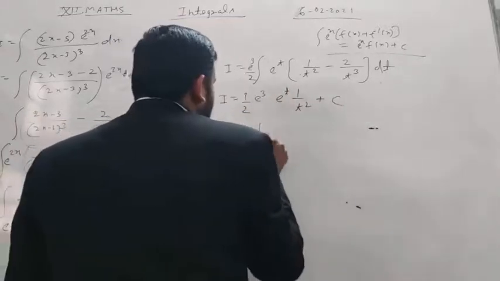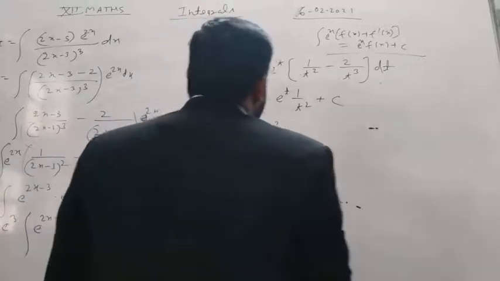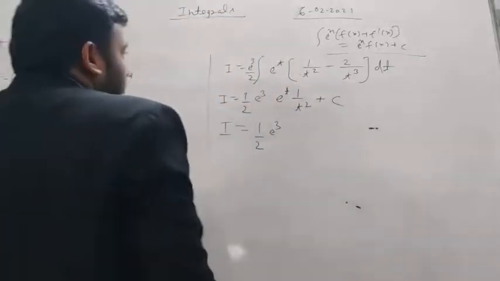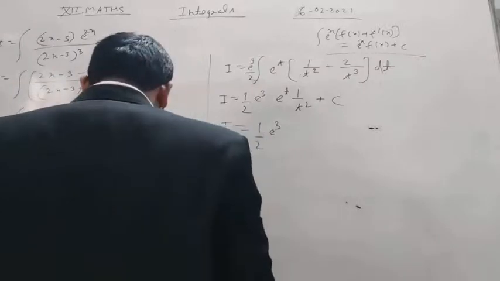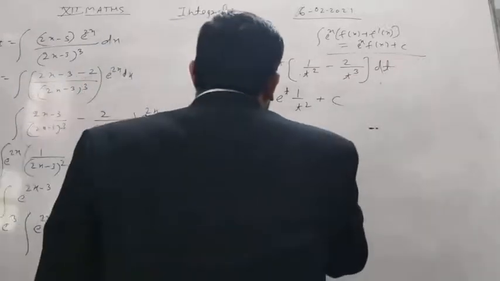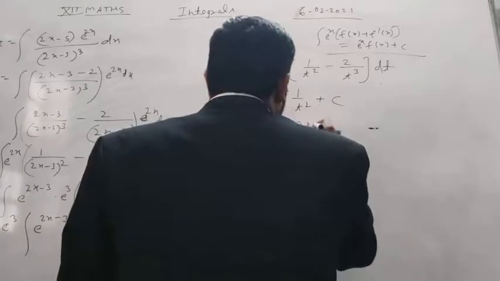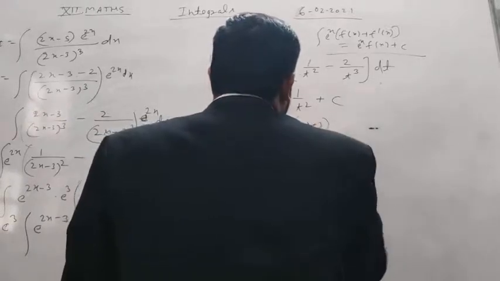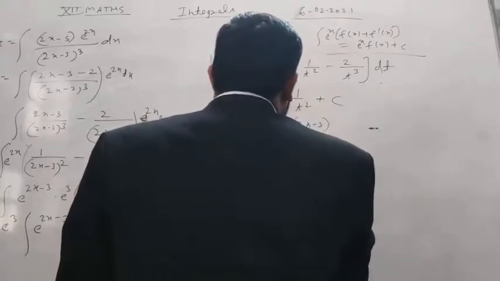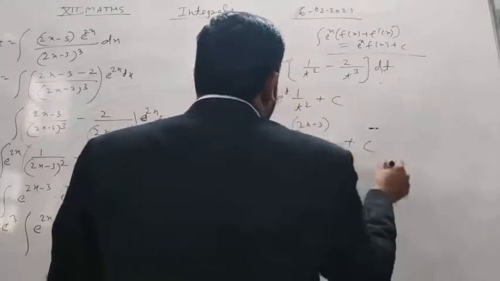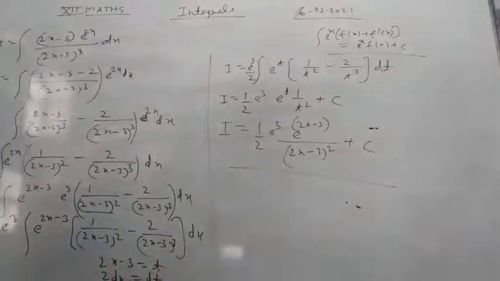So I is 1 by 2 e cube e to the power t, which is (2x minus 3) and by (2x minus 3) whole square plus c. So I is equal to e to the power.